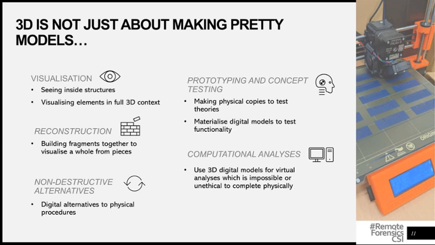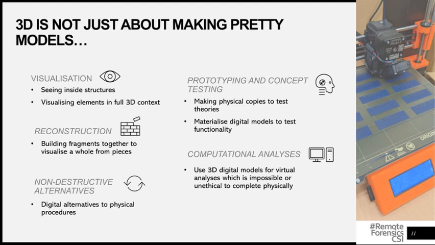And you can materialize those digital models and test functionality of different bits. Does this cog work here, for example? And we can still do this for 3D evidence. So we can make inferences and test concepts using 3D printed models, and that's really exciting.